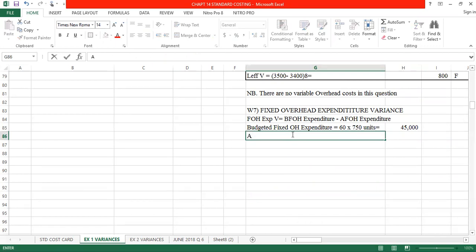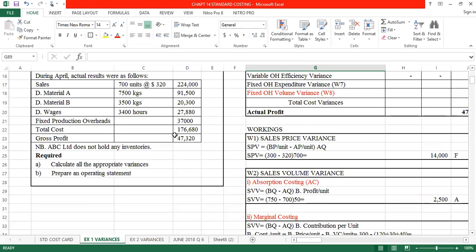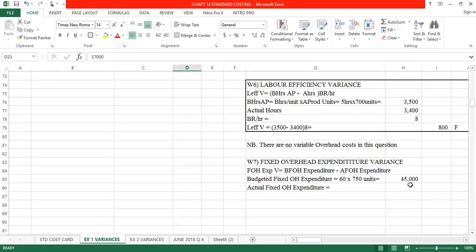What is the actual fixed overhead expenditure? This one is given, you don't need to calculate. It is 37,000. You can see the 37,000.